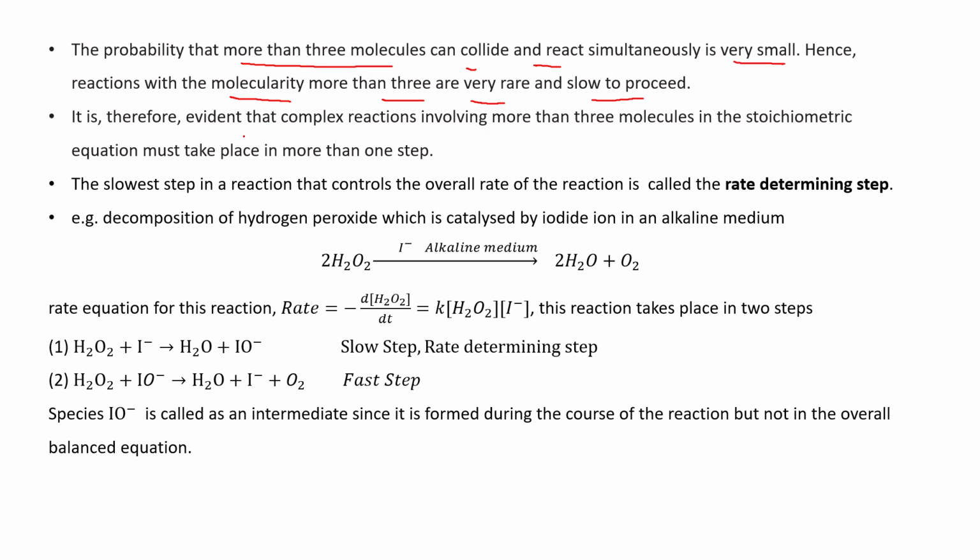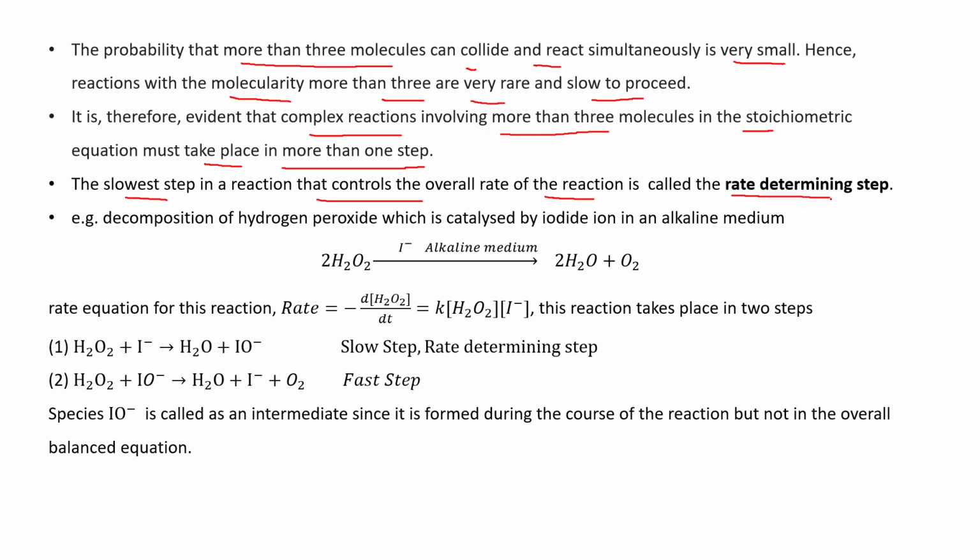It is therefore evident that complex reactions involving more than 3 molecules in the stoichiometric equation must take place in more than one step. Clear? And when a reaction takes place in more than one step, the slowest step, which controls the overall rate of reaction, is called the rate determining step.